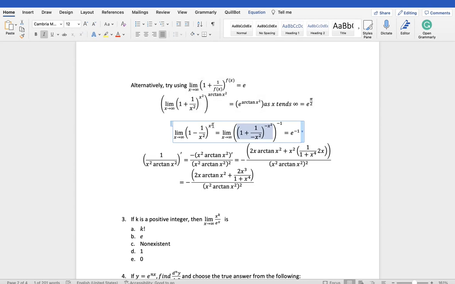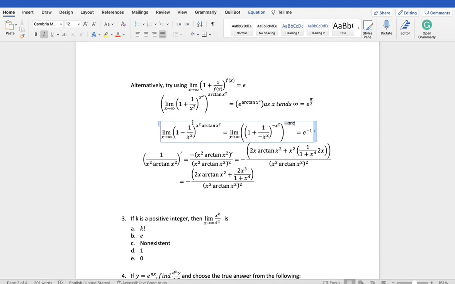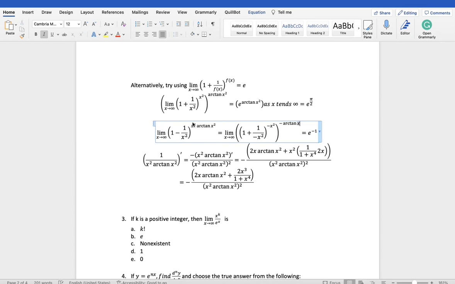But now if you had x squared multiplied by arctan x squared, as is the case for our problem, what you do now is outside here, you have -1 multiplied by the arctan x squared. So you have basically minus arctan x squared.